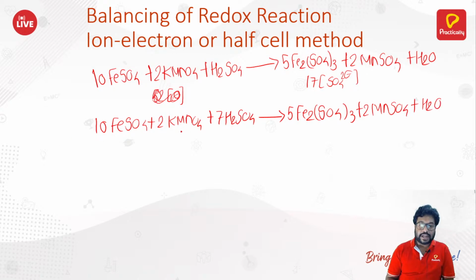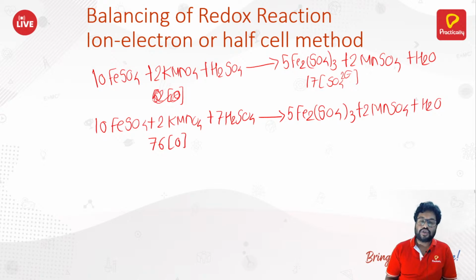10 into 4, 40, 40 plus 8, 48, 48 plus 28, it makes 76 oxygen atoms on the left hand side.